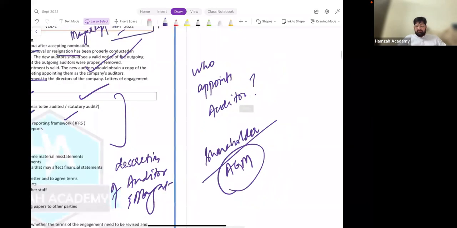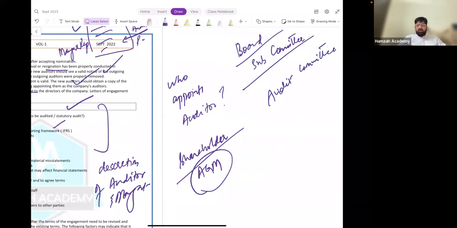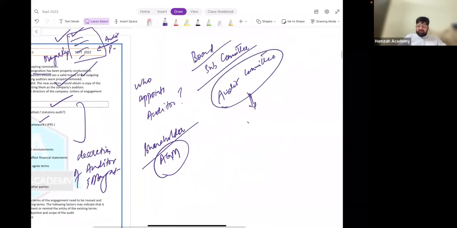Yes, the board subcommittee. We know that there is an audit committee. Have you heard about the audit committee? Yes, the audit committee nominates, meaning it nominates who can act as auditor.